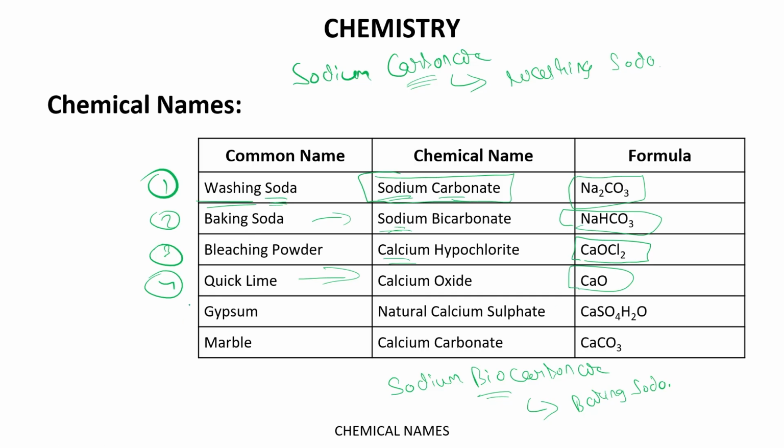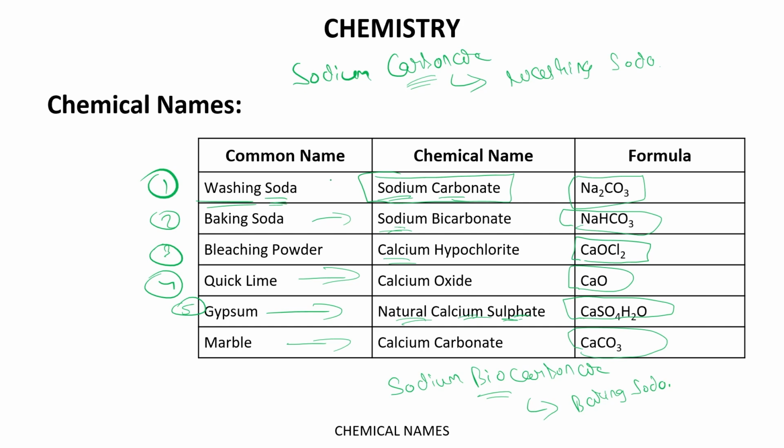Now we have the gypsum. Gypsum is also known as natural calcium sulfate, with the general formula of CaSO4.2H2O. Thereafter we have the marble. It is known as calcium carbonate with a general formula of CaCO3.